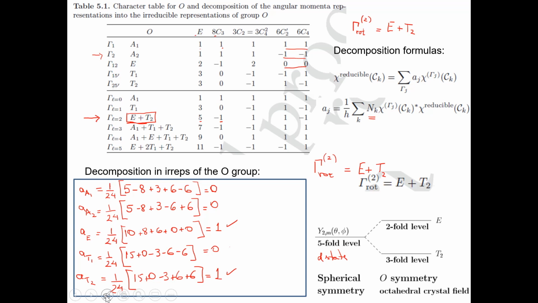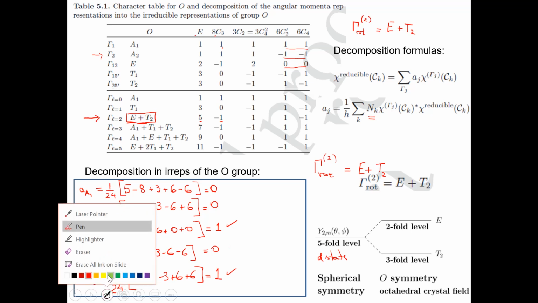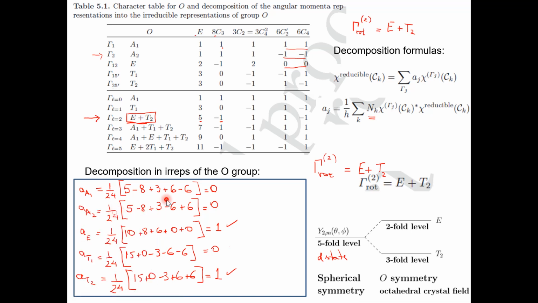So it tells you exactly how a level will split when I place the atom in a certain environment with a given symmetry. But one thing which is important to say, group theory does not tell you the order of the two different levels.